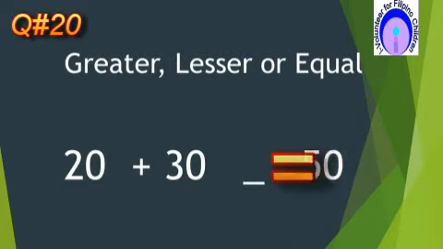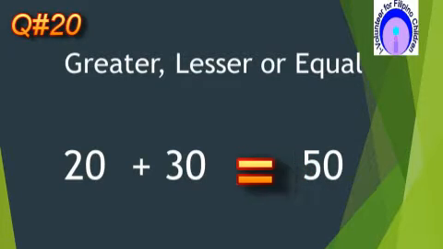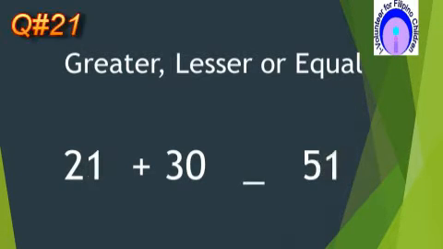Number 20. 20 plus 30 is equal to 50. Number 21. 21 plus 30 is equal to 51.